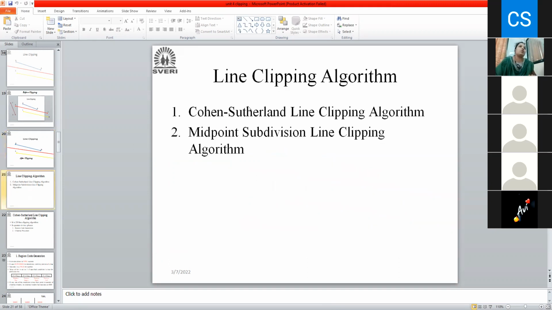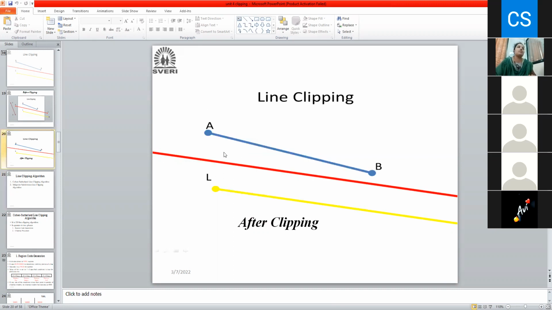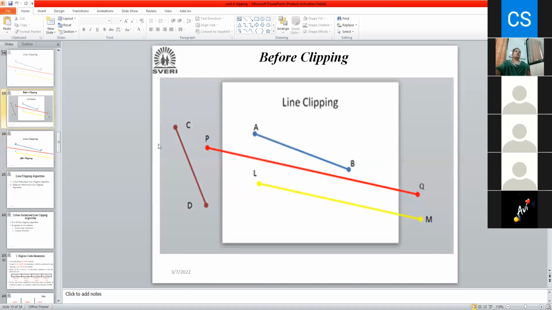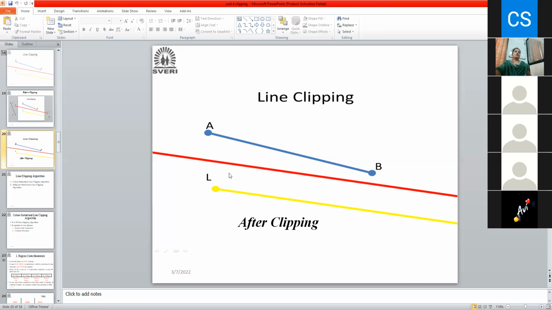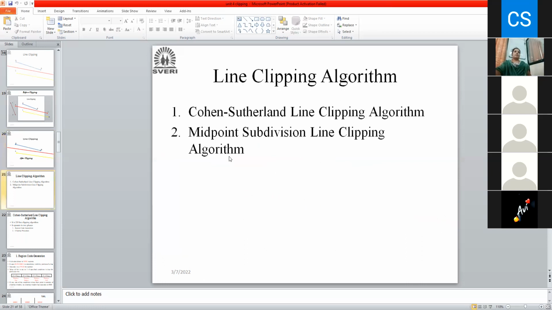Okay, so now let us see what the algorithm is. In the above example, what we have done is we have clipped the lines. Line clipping means removal of the invisible portion. So we have clipped the 4 lines in the above picture. We had 4 lines, and we have done the clipping by removal of the invisible portion.